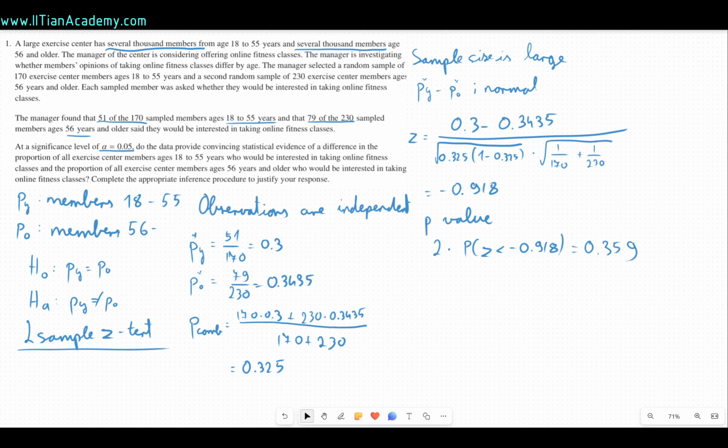So now we have calculated our z statistic, and what we can do now is finally answer the question. This is clearly larger than our significance level, which was 0.05. What we will have to say then is that the null hypothesis is not rejected.